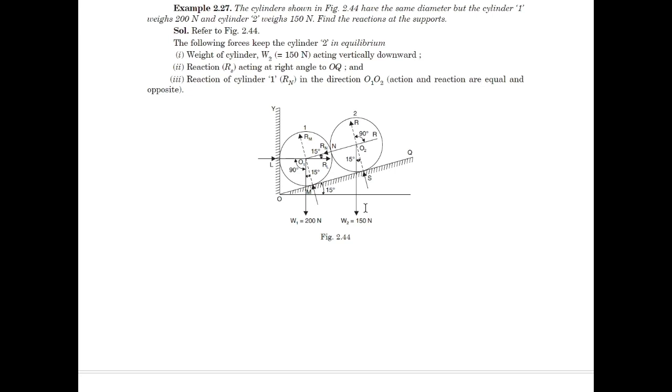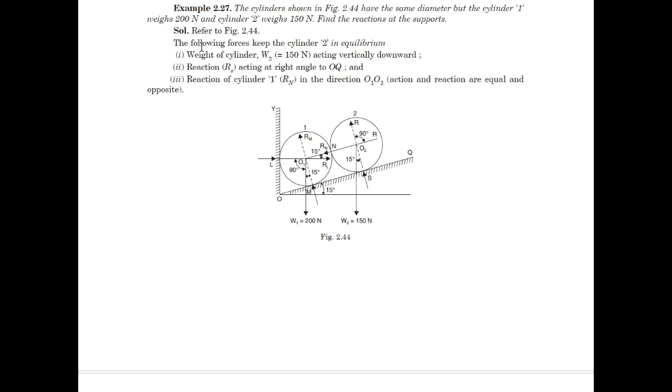This is an inclined plane at an angle of 15 degrees with the horizontal. This is the first cylinder, and this is the second cylinder. They are touching each other, and cylinder 1 is touching the wall as well as the ground. Cylinder 2 is touching the first cylinder as well as the ground, which is an inclined plane.